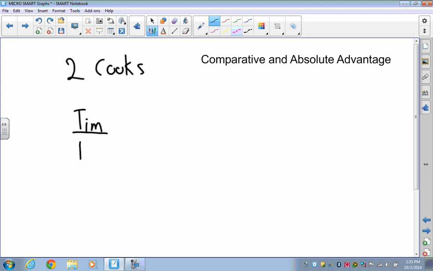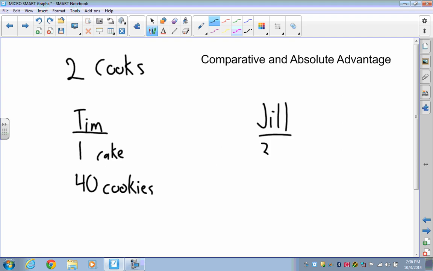So he can make 1 cake in an allotted time period, or he could make 40 cookies. On the other side, we have Jill. Jill, in the same time period, can make 3 cakes and produce 50 cookies.